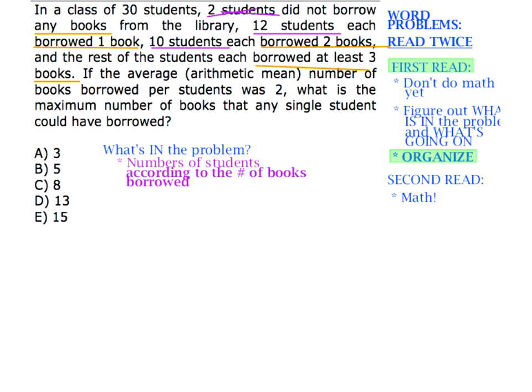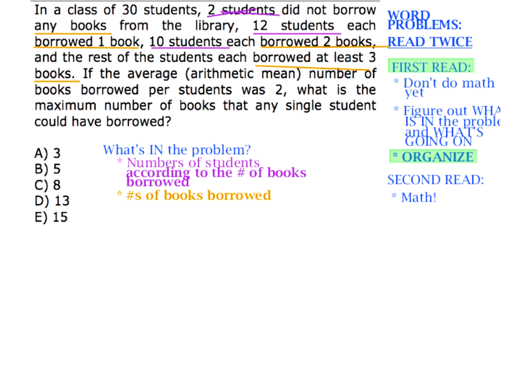That seems weird to some people, but you're not really trying to do math yet. You're just looking at this stuff and asking, what's going on here? So what's happening is you have numbers of books borrowed. Okay. So that's pretty much everything that's in the problem.